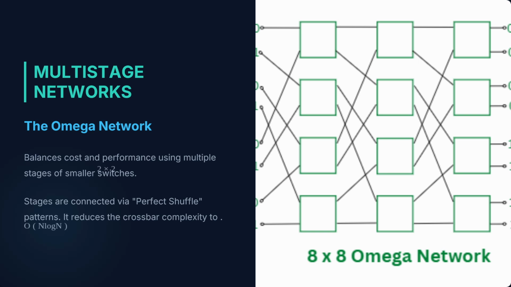You don't get the perfect non-blocking performance of a crossbar, meaning sometimes two messages might want the same wire at the same time, but it drops the cost from n squared to n log n. It gives us 90% of the performance for a fraction of the hardware cost. This is what you will find inside many modern internet routers and shared memory computers.